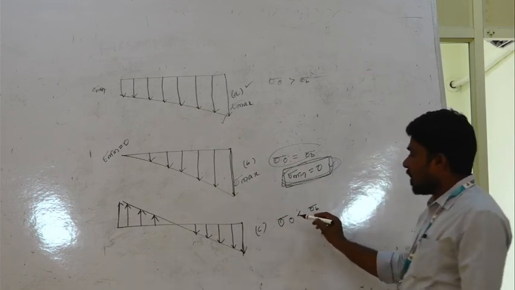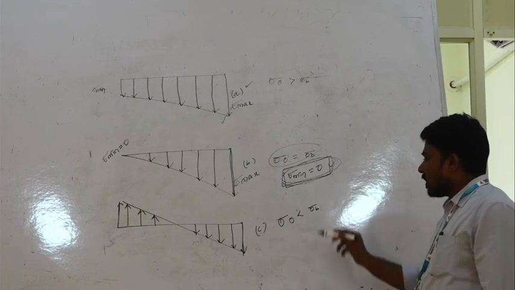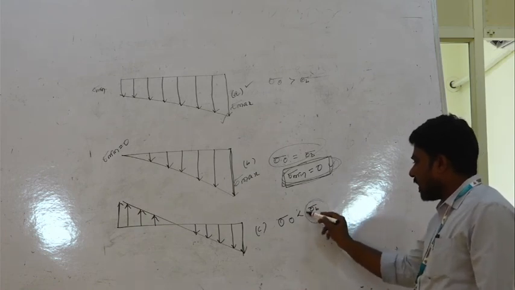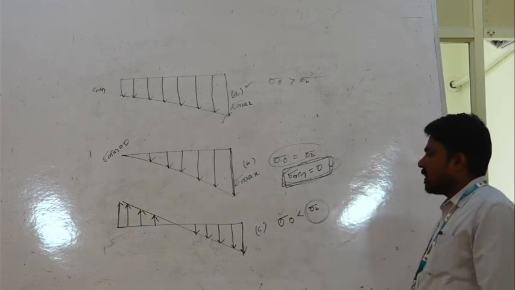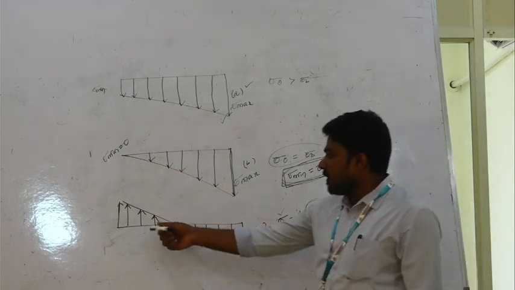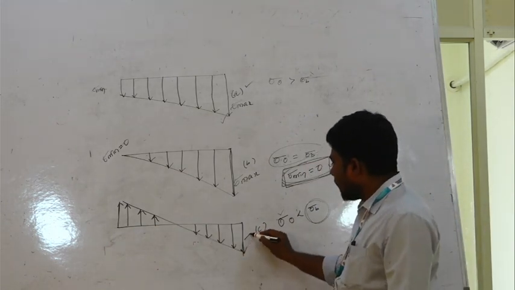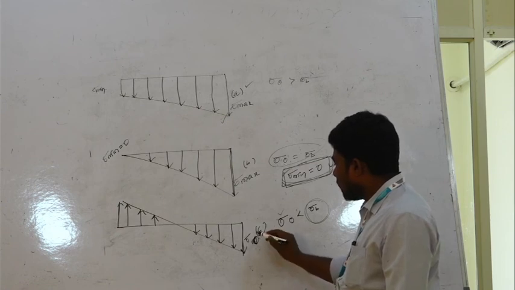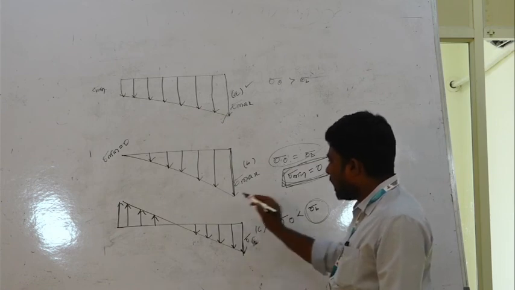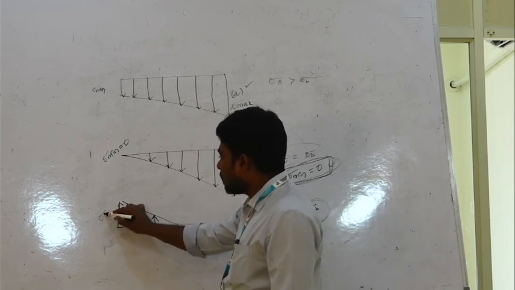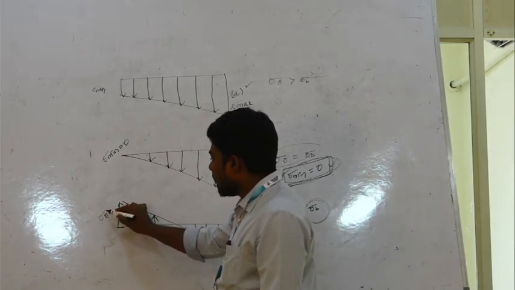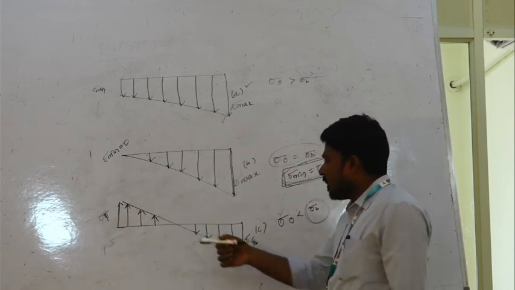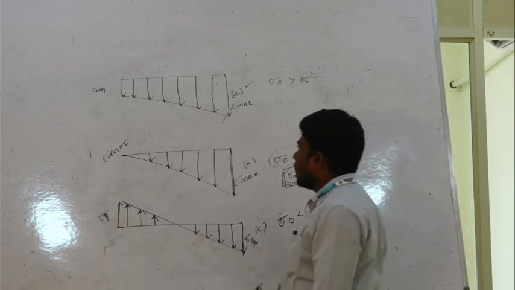But where sigma naught is less than sigma B, bending stress is greater than the direct stress. Two different natures will be formed: here compressive, and here tensile due to bending.